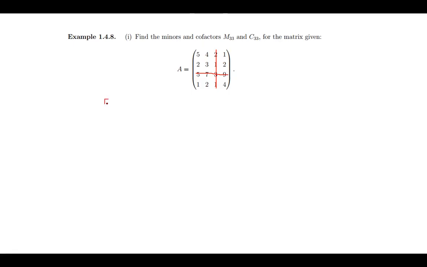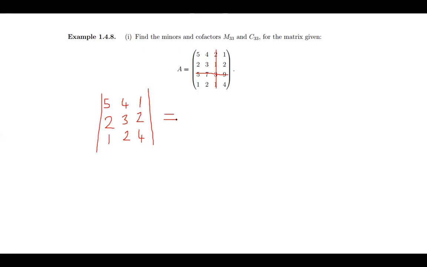Then the numbers that you're going to remain with are the ones that you use now to find the minor. Remember what I defined the minor, I said it's just the determinant. So you find the determinant of these numbers that we remain with.